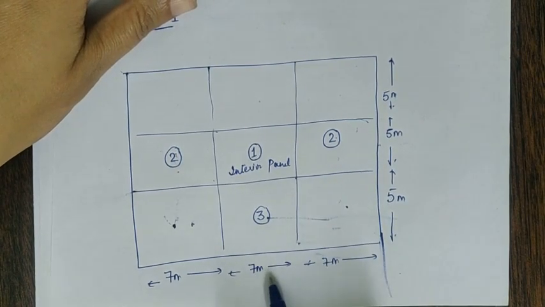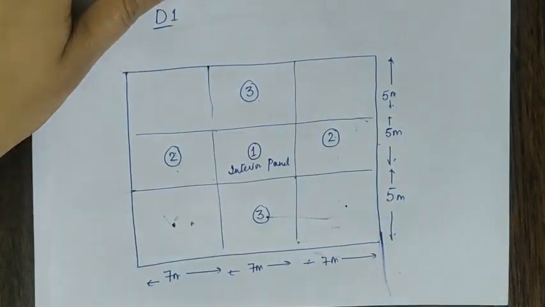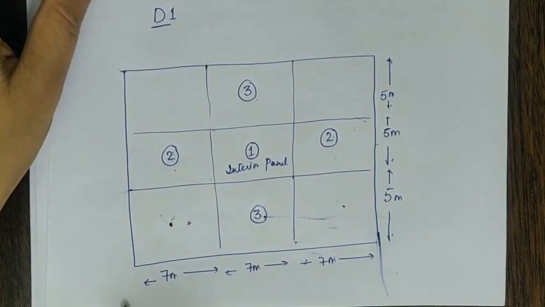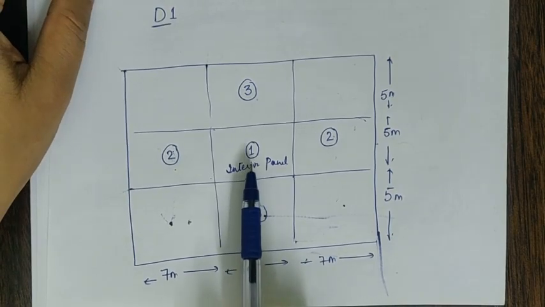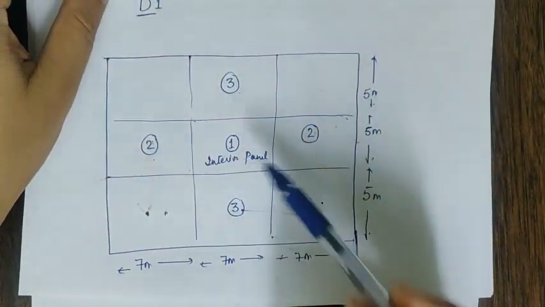So this 7 meter is the longer side, and that is discontinuous. Similarly, this is case number 3. So out of the 9 slabs, 1 slab is case number 1, 2 slabs are case number 2, another 2 slabs are case number 3.